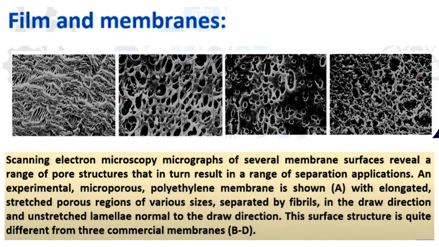So there are different pore sizes. If you compare the size of the pore, of course the pore size is different, and the distribution of pore size is also very much important, and you can get the idea from the SEM images.